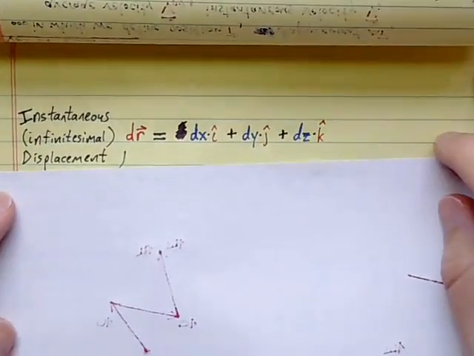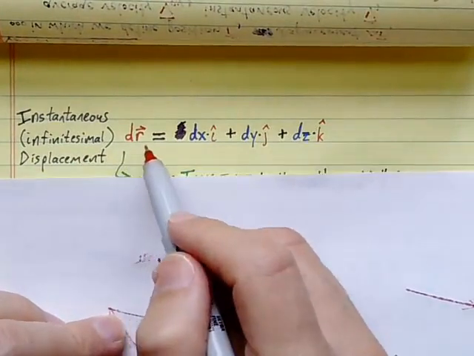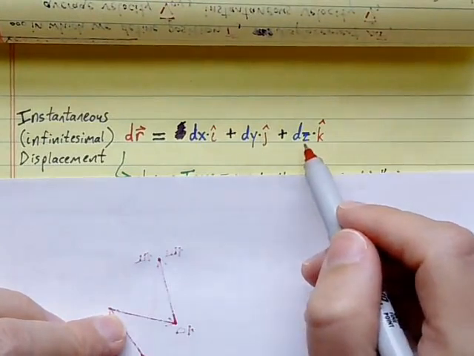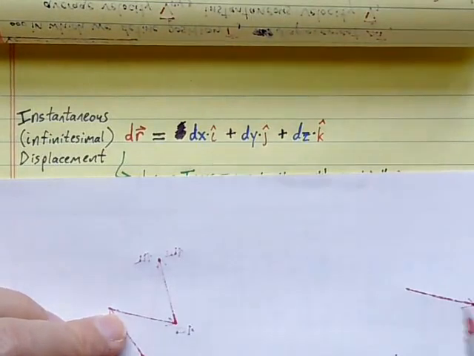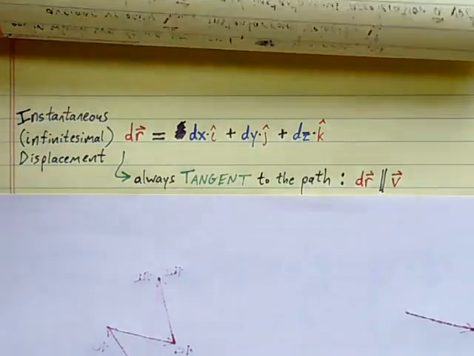And so our instantaneous infinitesimal displacement vector dr has components dx, dy, and dz. Remember that d means a very tiny, infinitesimally small delta. And it's going to be tangent to the path at all points.